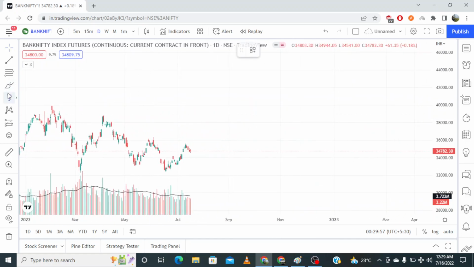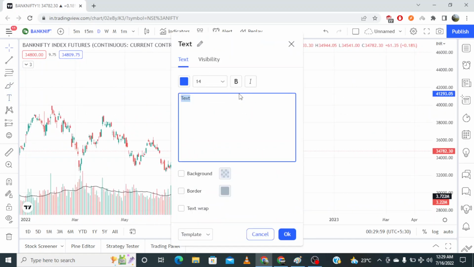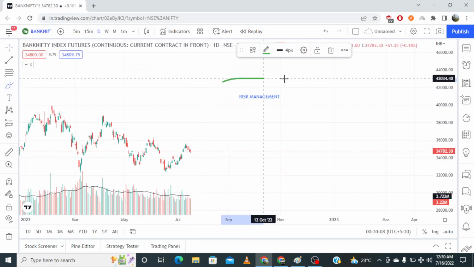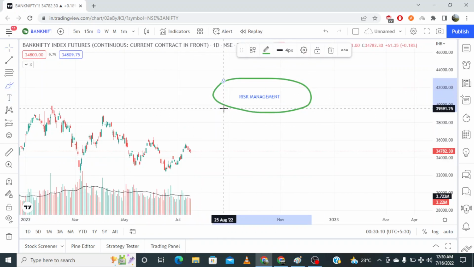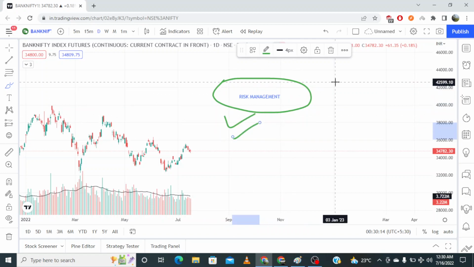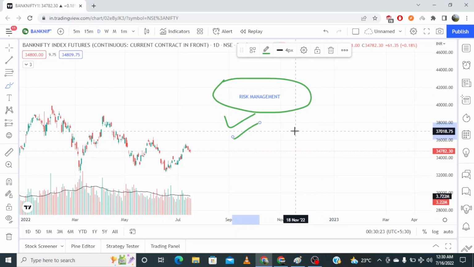So please keep this one thing in check. This is the one thing that you need to keep in check. If you have your risk management intact, if you know how much money you're okay with losing, then you can be successful in the stock market over the long run, not instantly, not in one day.